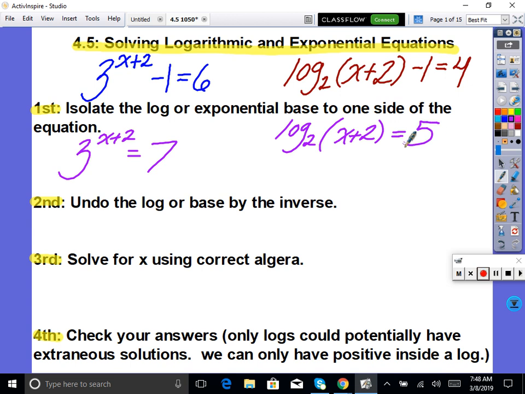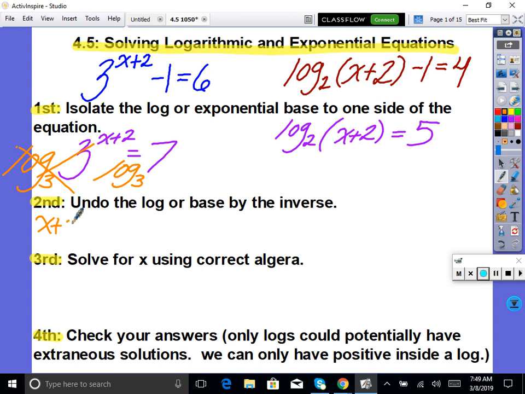Then the second thing is to undo the base or logarithm by applying the correct inverse. Just a reminder, to undo base 3 is not divide by 3, but it's log base 3, right? So this would be a log base 3, undoes a base 3. So we have log base 3 both sides. Now on the left, log base 3 and base 3 undo each other because that's what inverses do.